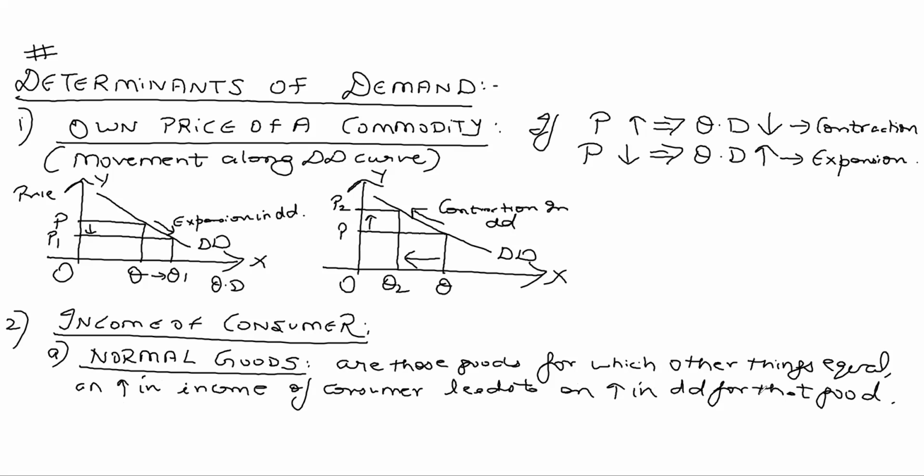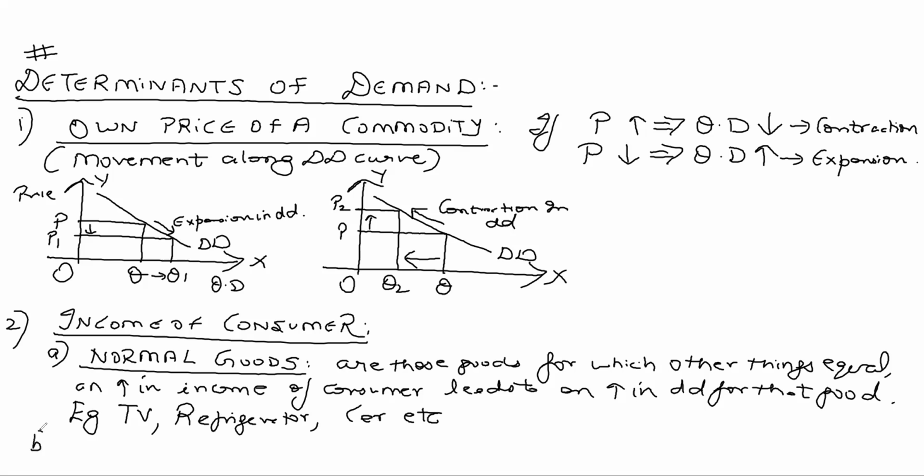So normal goods have a positive income effect. If your income goes up, you buy more of normal goods. Examples would be TV, LED TV these days, refrigerator, car, etc. All these are normal goods. When your income goes up, you demand more of them.